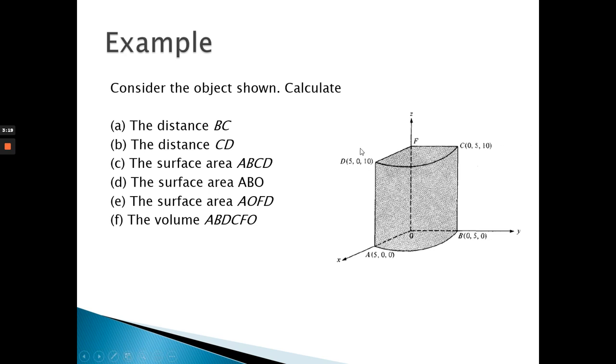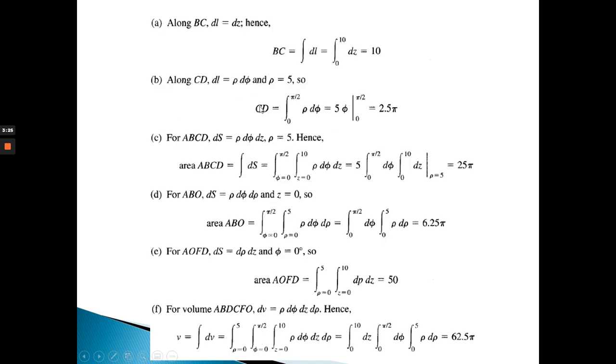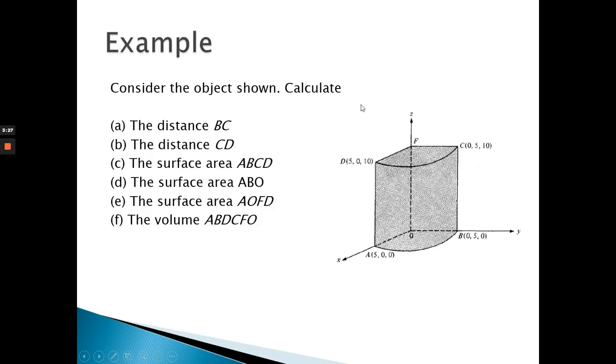It means we need to find phi, right? But we know if we have x, y, and z, we can find phi easily. Not phi, of course not phi. It's rho we need to find, but the phi we will integrate. To find the length of this arc, we always need to multiply rho with d phi. So the differential length of our CD becomes rho d phi.